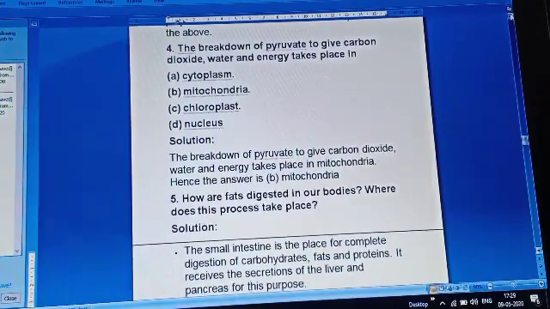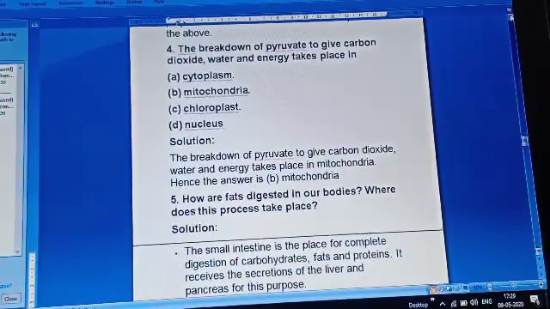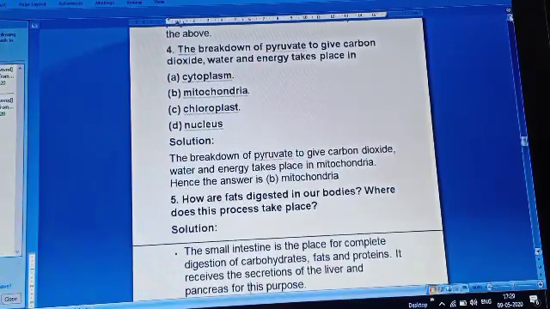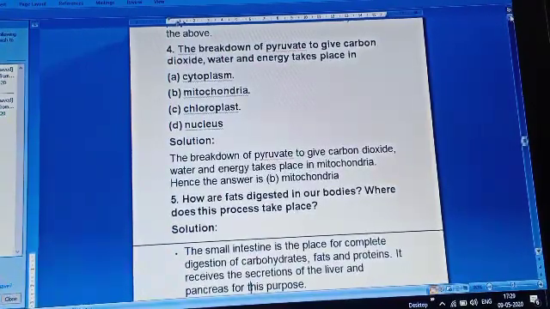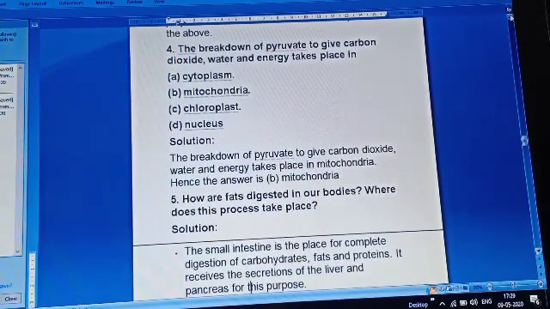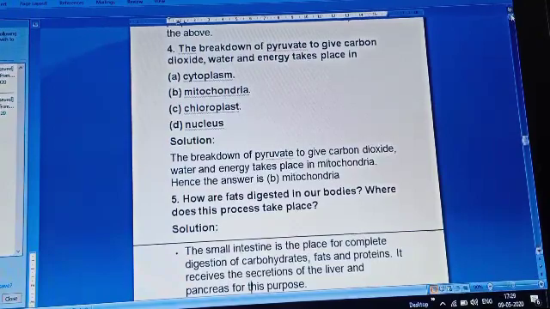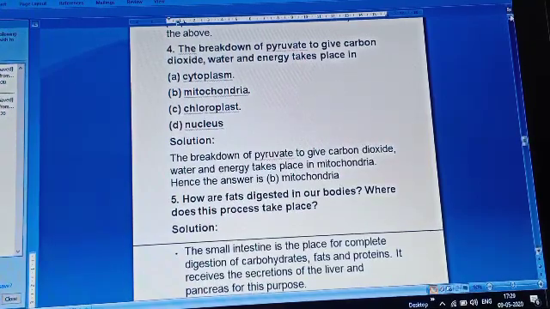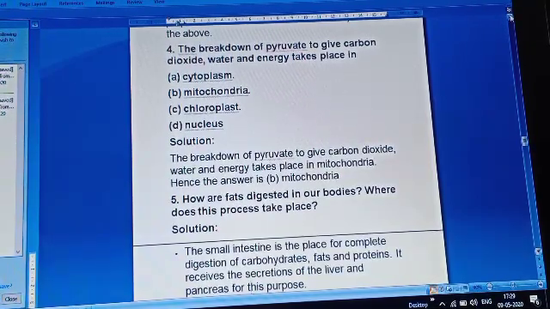This process is related to aerobic respiration, and in the last equation we see that aerobic respiration, in the presence of oxygen, occurs in the mitochondria. The rest of the two equations are for anaerobic respiration, which occurs in the absence or lack of oxygen. So the answer is the mitochondria.